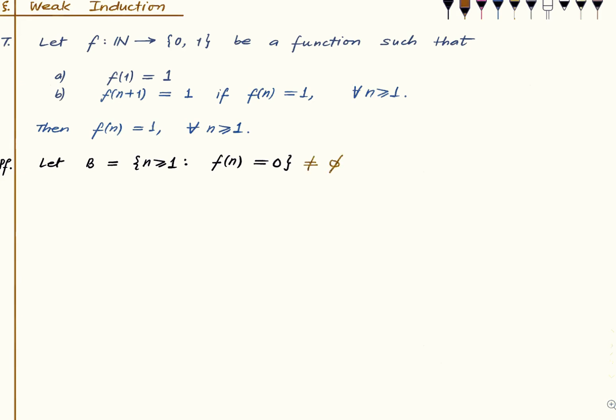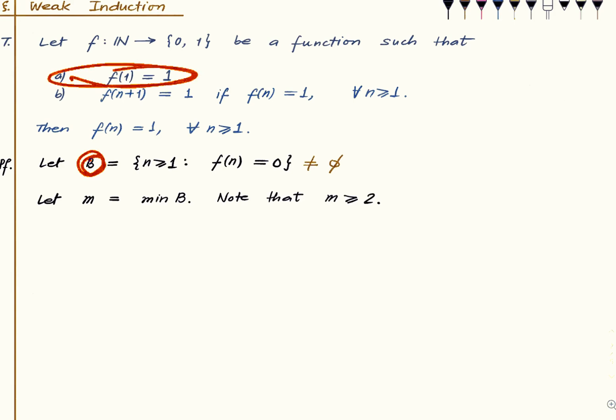And then we choose a minimum element m in it by the well-ordering principle. We choose the smallest element in it. And again, note that m is at least 2. That's because 1 is not here. By condition A, 1 is not in B, and hence the smallest element cannot be 1. It is at least 2.